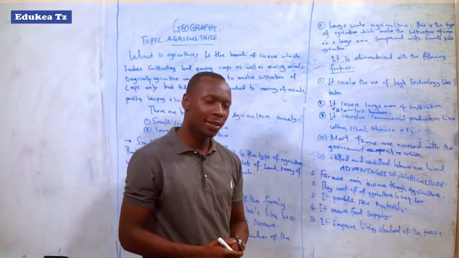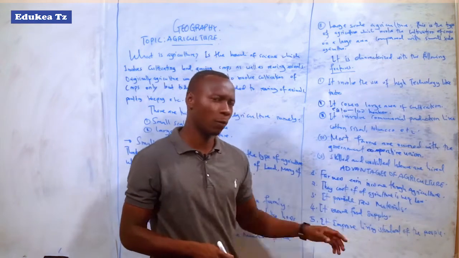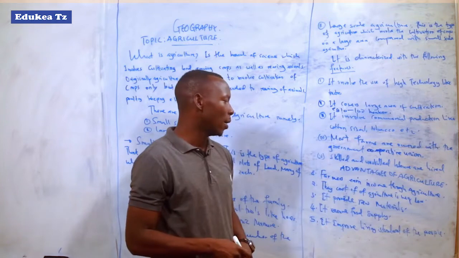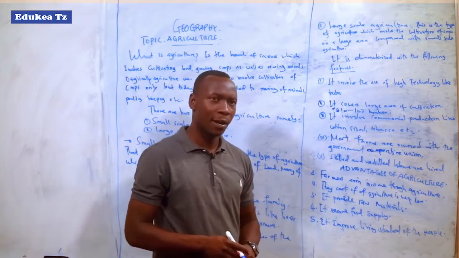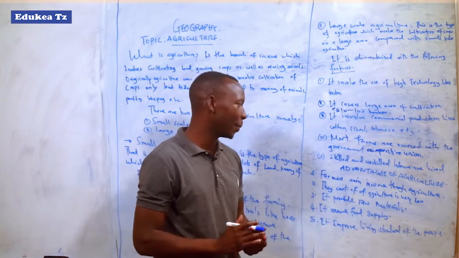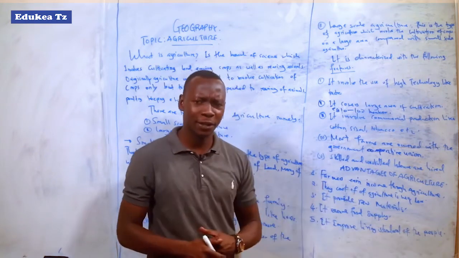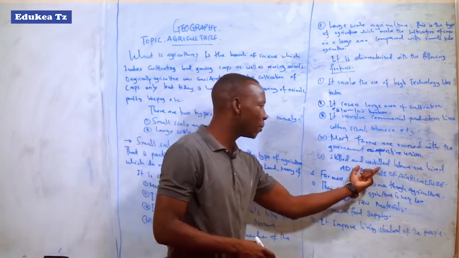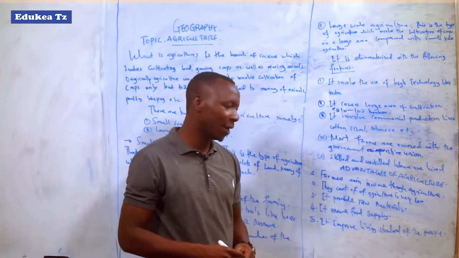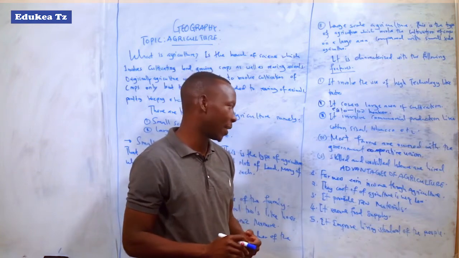Also, they need skills, like the operation of machines such as a tractor and a water pump, so that the agriculture may involve an irrigation system. So if agriculture involves an irrigation system, it needs both skilled and unskilled labor, so that the project can be run.